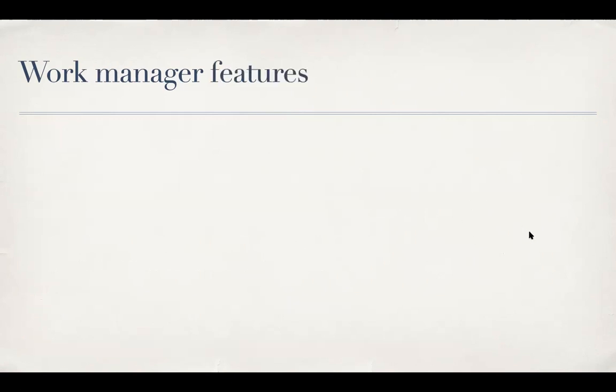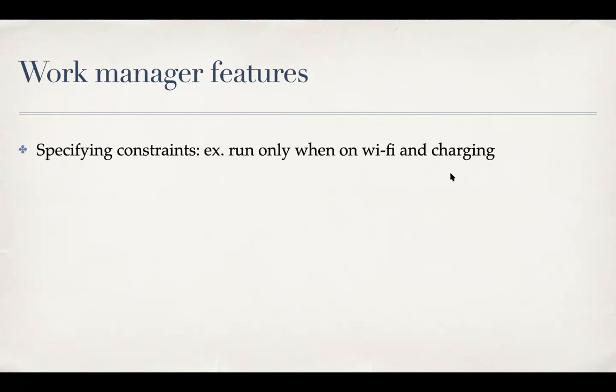Work Manager has certain key features. On top of integrating all these different APIs, it lets you specify constraints. For example, should this task run, say, only when you're connected to Wi-Fi, and not spend the user's LTE or phone connection that way.